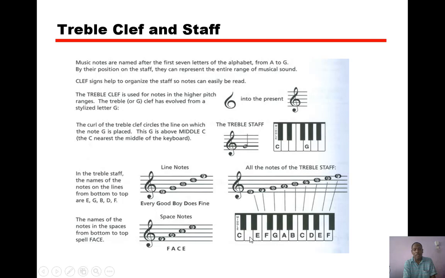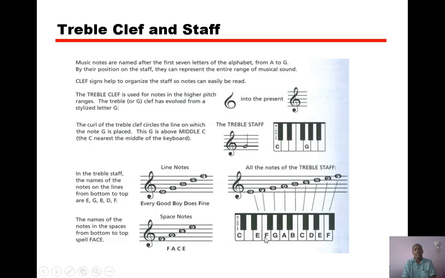The keys are also named A, B, C, D, E, F, G. These are the 7 letters used to name the piano keys. But then you realize that A, B, C, D, E, F, G will repeat again. After G, you go to A, then B, then C, and so on. It repeats until it finishes.